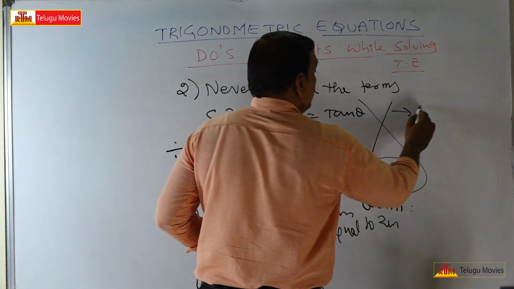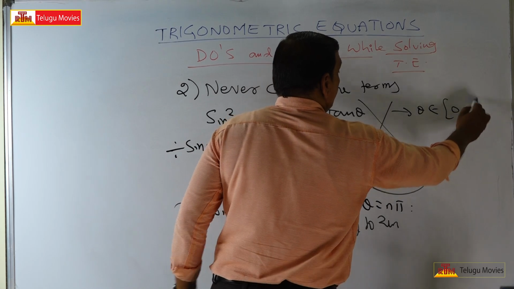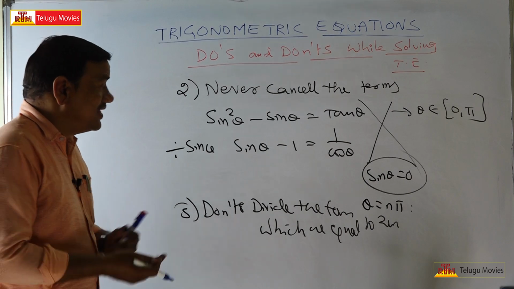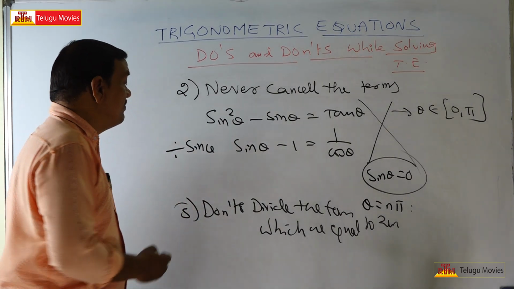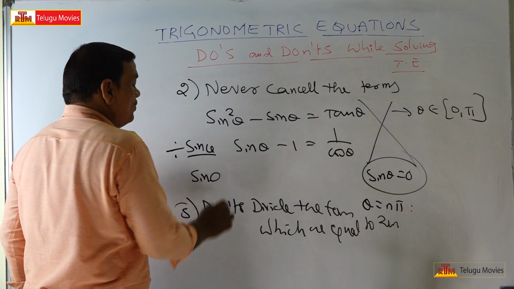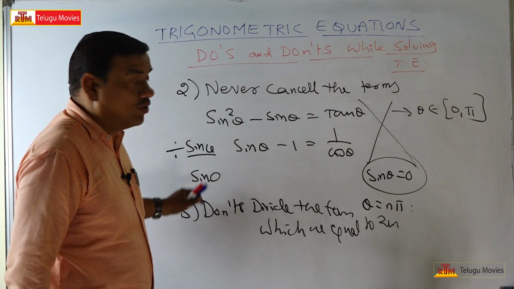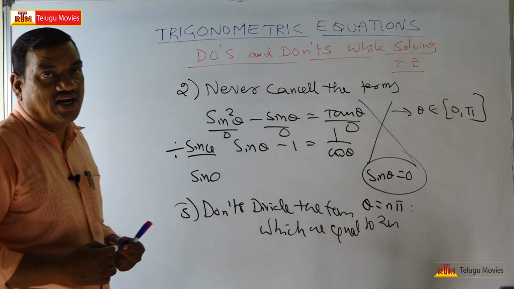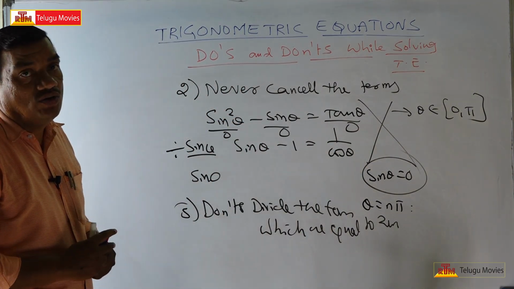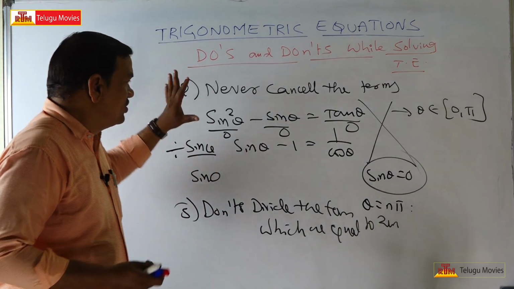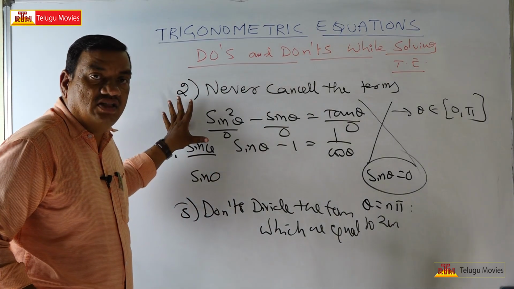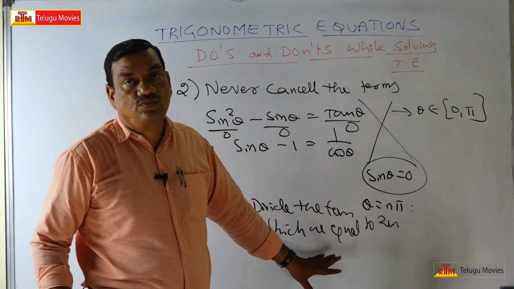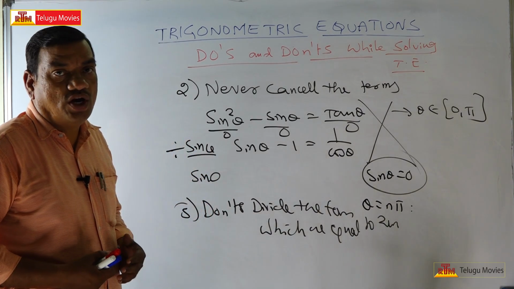For example, if it is given theta belongs to 0 to pi, and you divide with sine theta, then what is sine 0? Sine 0 is 0. So you should not divide with 0. Understand? So this is the third precaution you have to take. So here never cancel the term, never divide the term which is equal to 0. Okay. Don't do that.